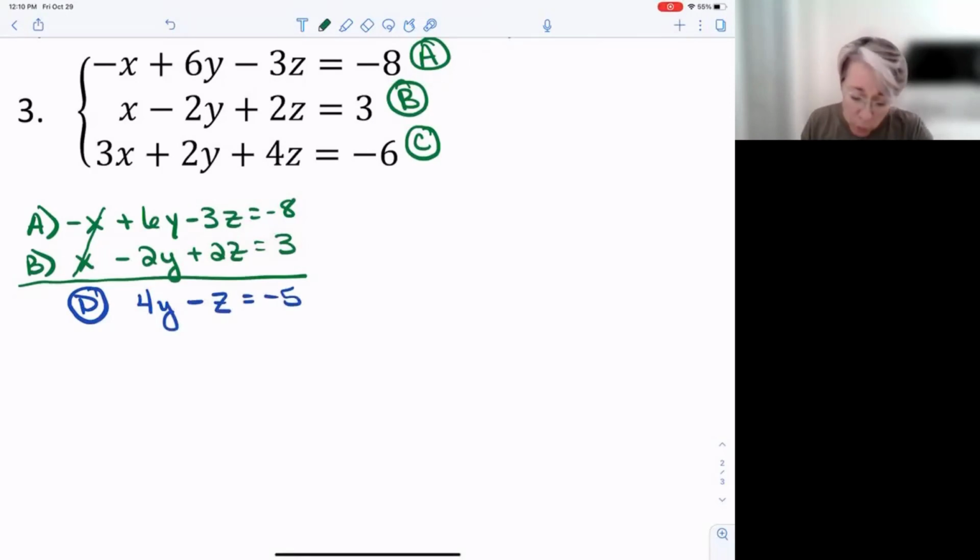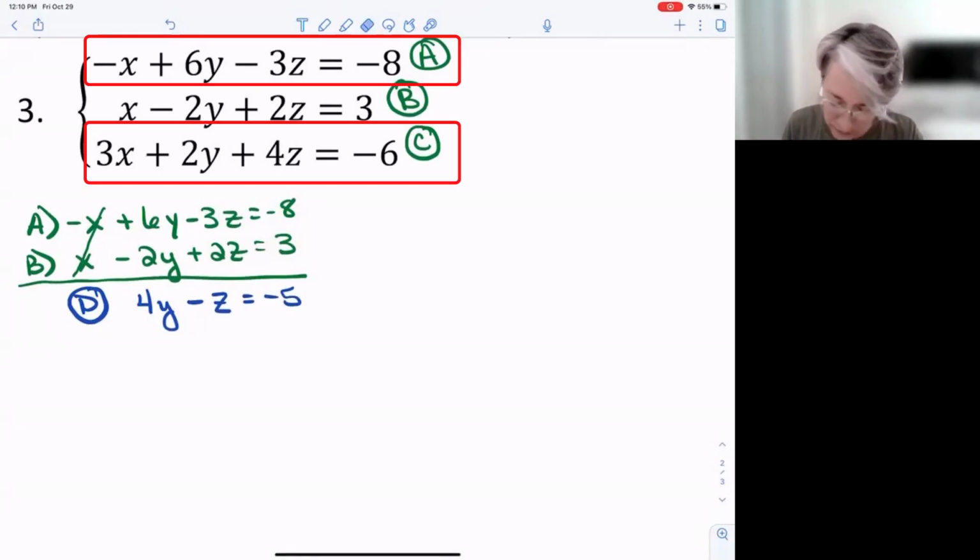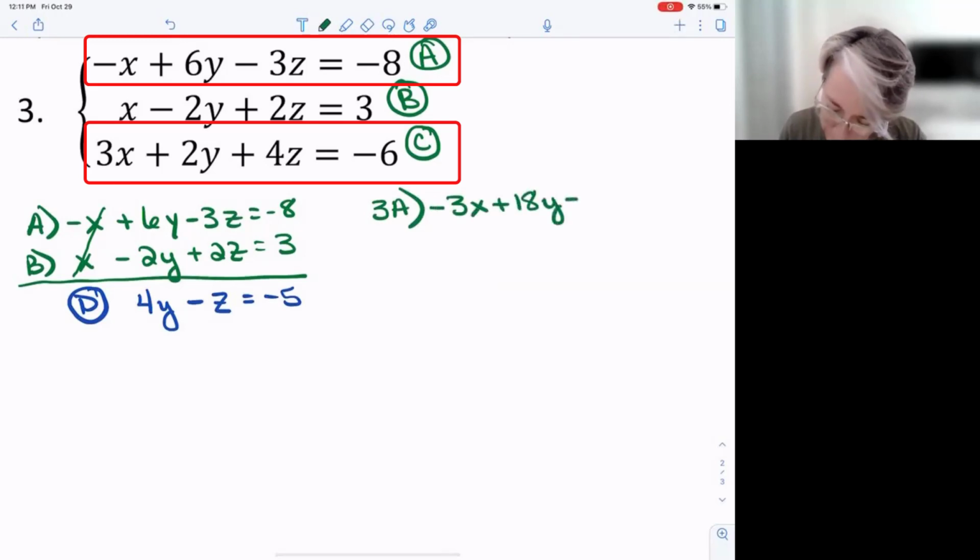We're going to pick two more equations. Let's choose A and C this time. Since A is negative 1 and C is 3, I'm going to multiply equation A by 3. That will give us a negative 3x plus 18y minus 9z equals a negative 24.